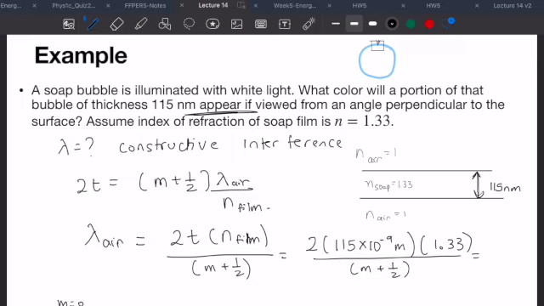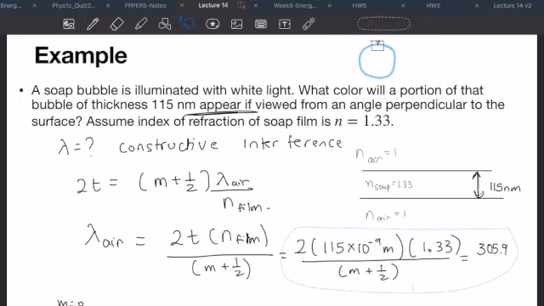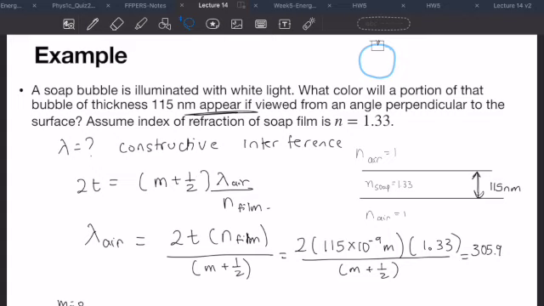In the numerator, we have 2 times 115 times 1.33, so we get 305.9 times 10 to the minus 9 meters, all over m, an integer, plus a half. So this basically tells us that lambda sub m is going to be about 306 nanometers divided by m plus a half.